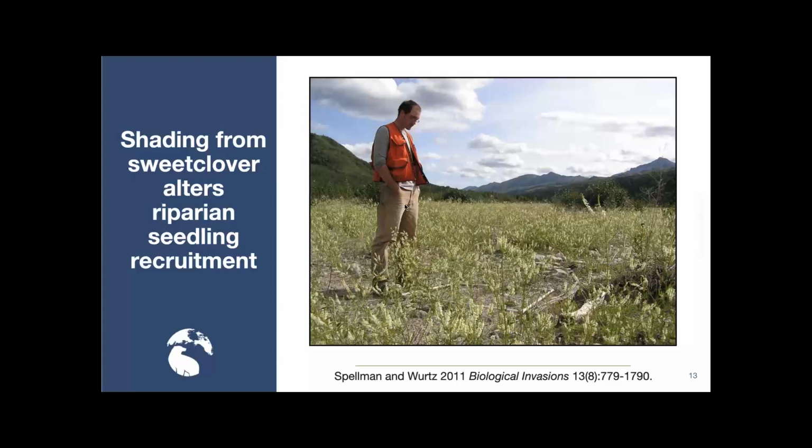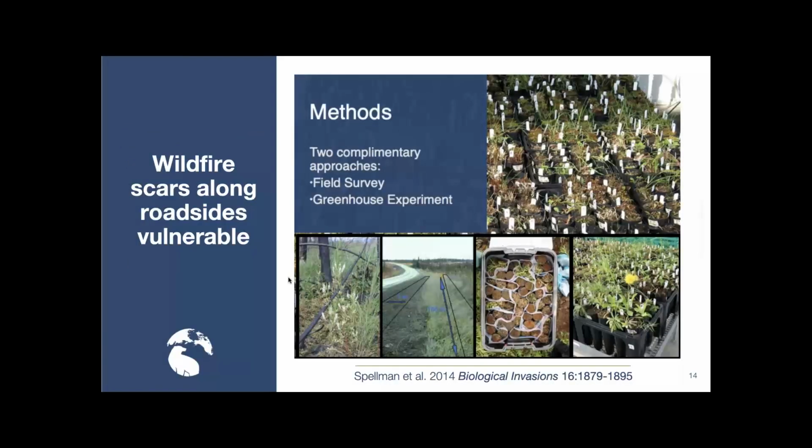He documented seedling recruitment over a number of years in areas with and without sweet clover, and he also did a controlled removal of sweet clover to look at seedling recruitment. He found that willow recruitment was reduced when sweet clover created a novel shade environment on the floodplains.